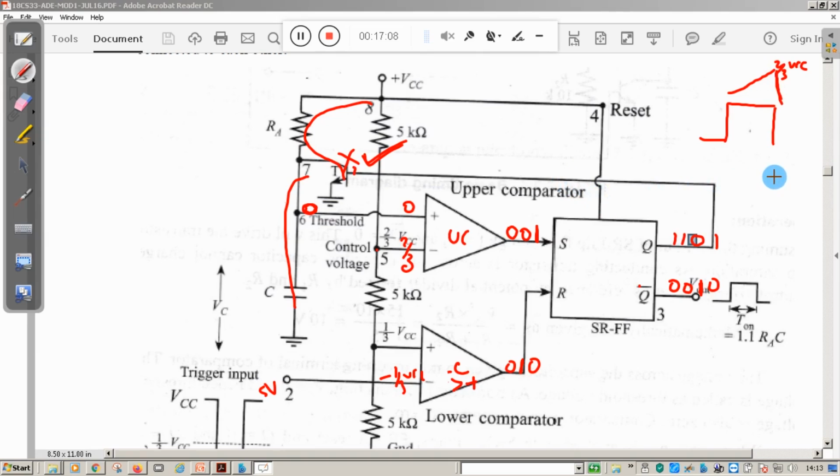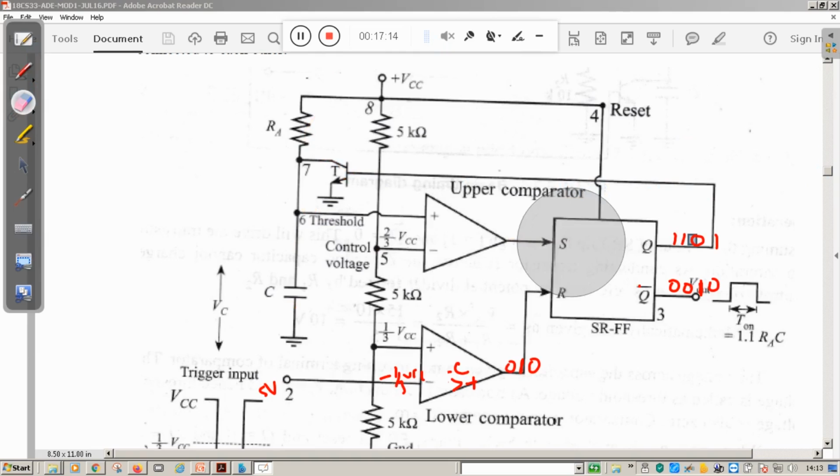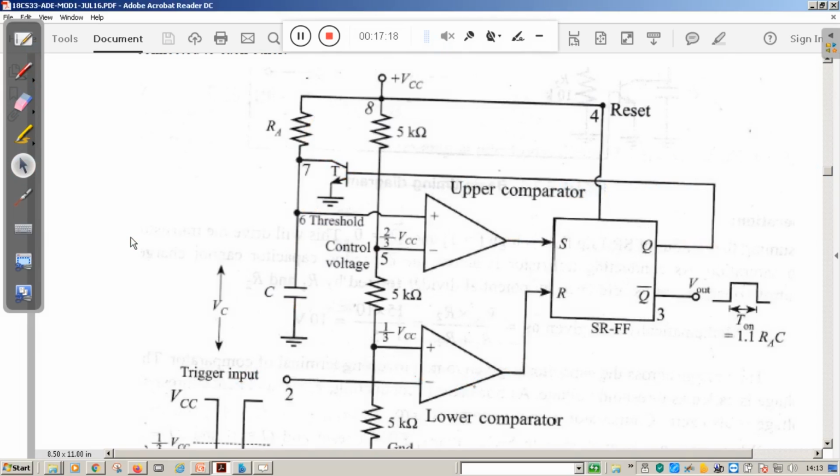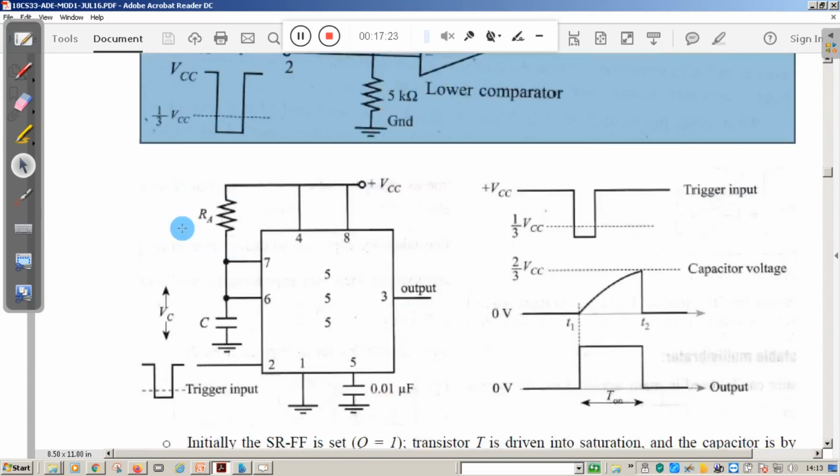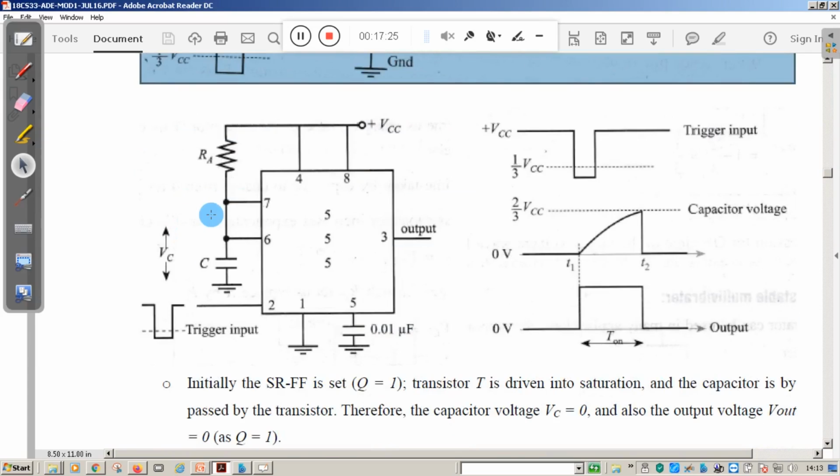So this waveform will continue. Let me erase this one and show you the waveform here. You can see here, as I explained earlier, these are the two passive components, R and C, we are going to connect, and here we are giving the trigger pulse.